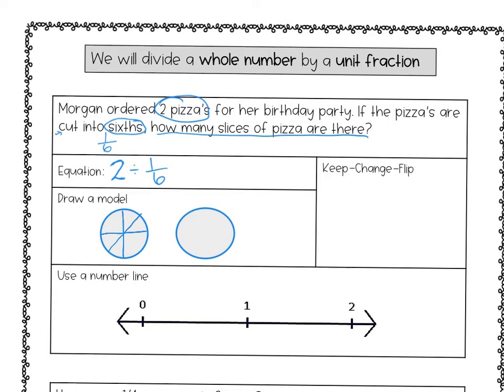And then she cuts the other pizza into 6 slices as well: 2, 4, 6. So Morgan cut the pizzas into 6 pieces, and each slice represents 1/6 of the pizza.